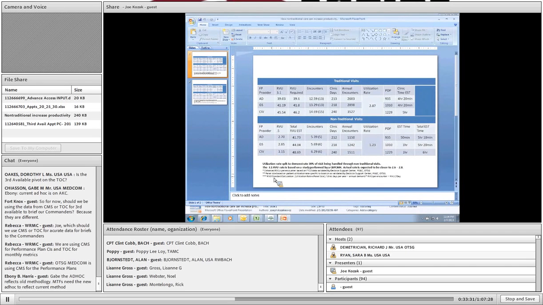Based on populations that were outlined in the op order, we figured on an average 4.1 utilization rate, where we were able to identify in the civilian industry about 30% of appointments did not need to come in, did not need to be face-to-face. They were very competently and appropriately handled in the virtual space.